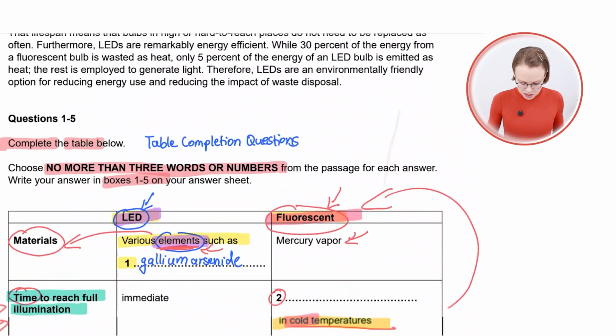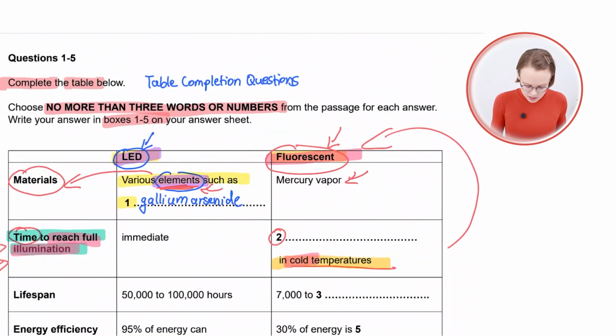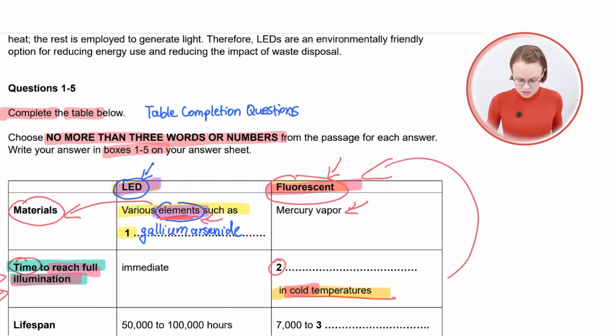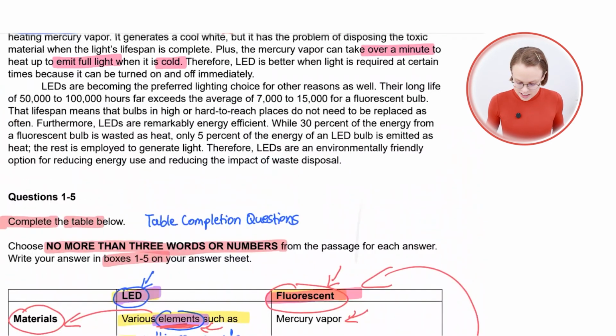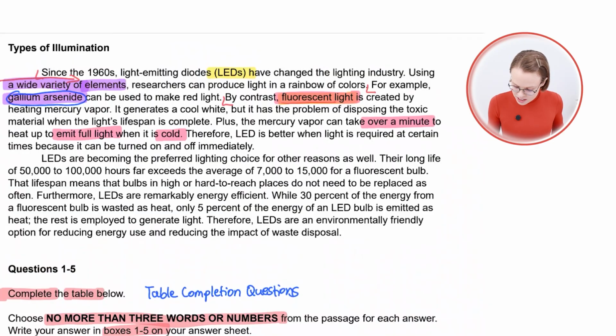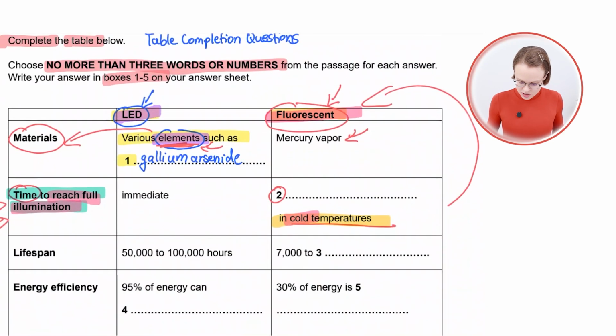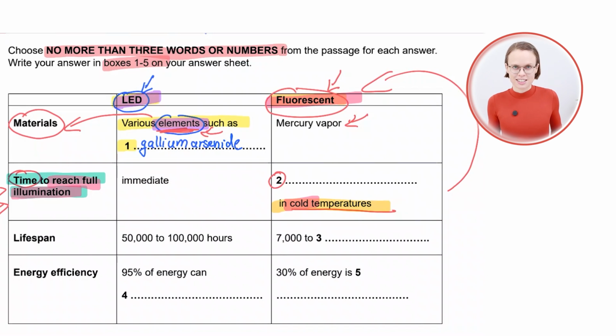Emit full light means reach full illumination. This is paraphrased. So what's the correct answer? The correct answer is over a minute here. So I'm going to enter over a minute.